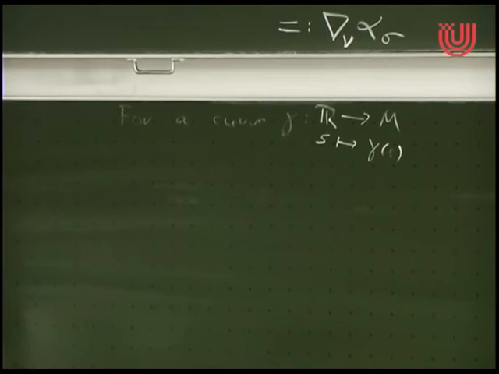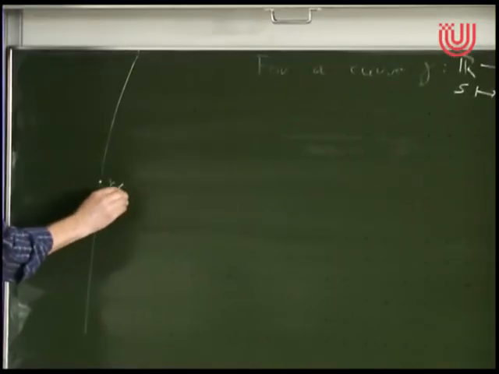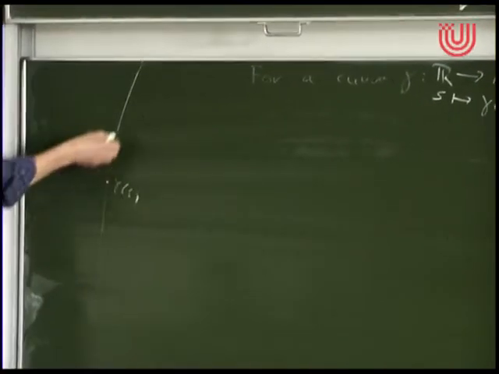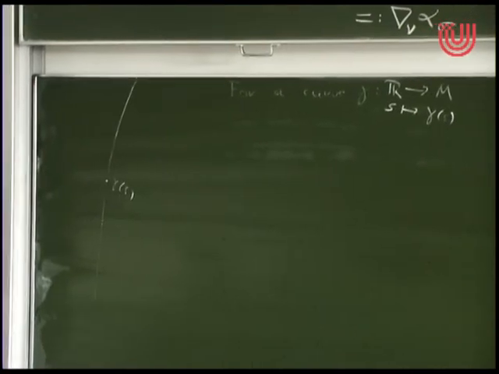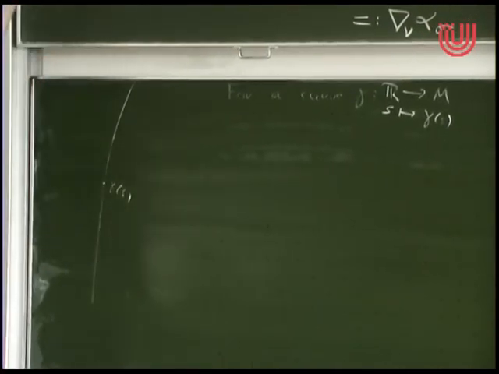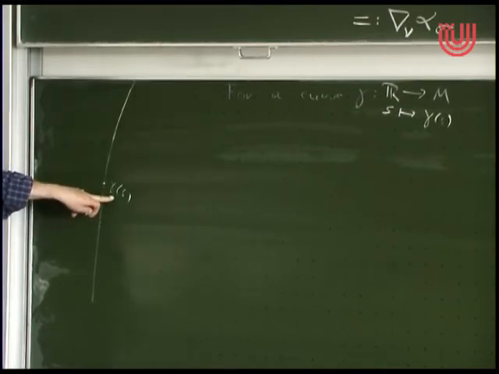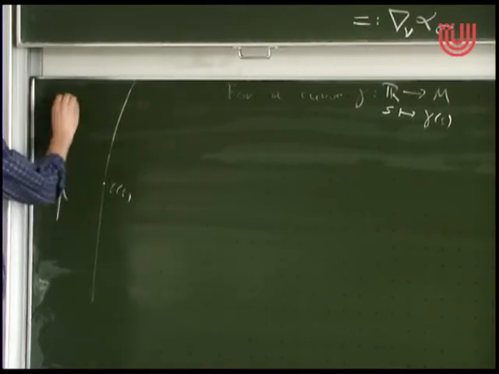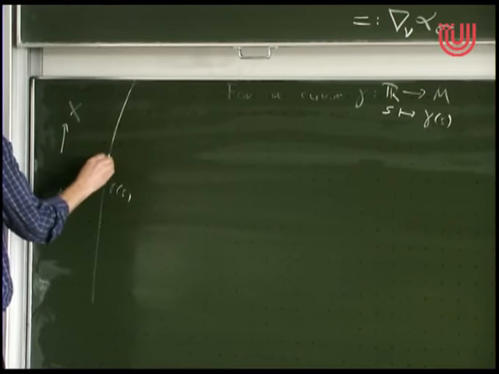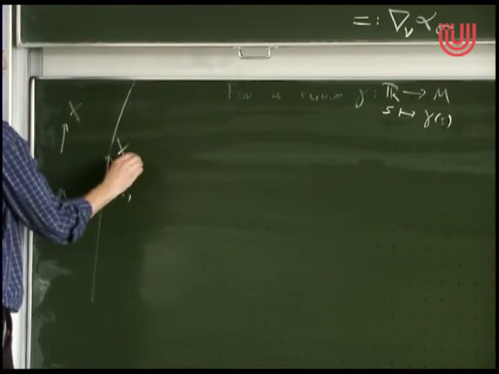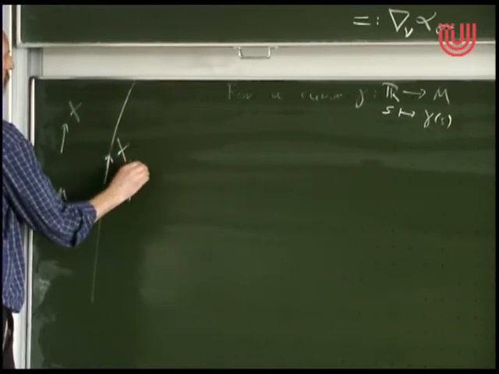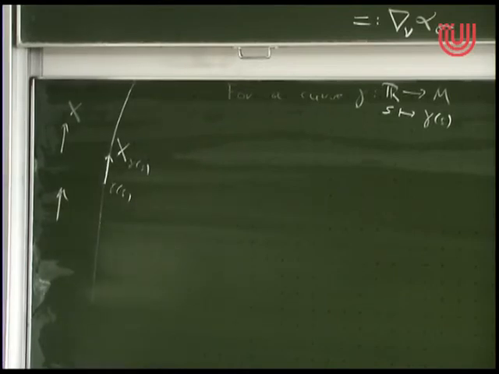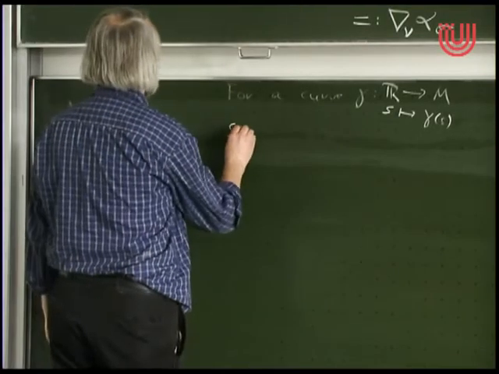So that's what I've drawn here. So here is gamma of s. And if s proceeds, then the point moves along this curve. And in order to bring this operator del into the game, I will assume that my curve is the integral curve of a vector field. So I will assume that I have a vector field x such that along the curve, the x is a tangent field.